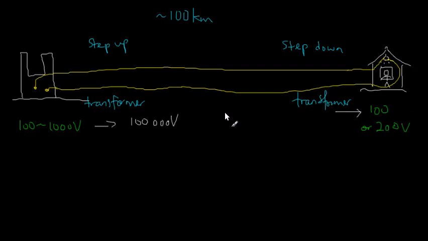Now the reason has to do with saving energy. The reason is that if we change this to a very high voltage, then the actual current that would flow through the cable becomes much smaller. And it has to do with the power equation that we have learned, P equals IV.